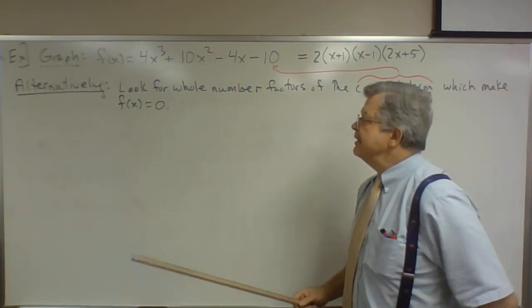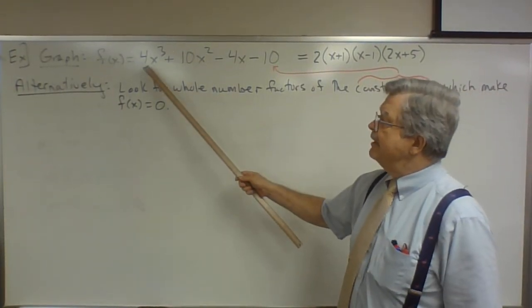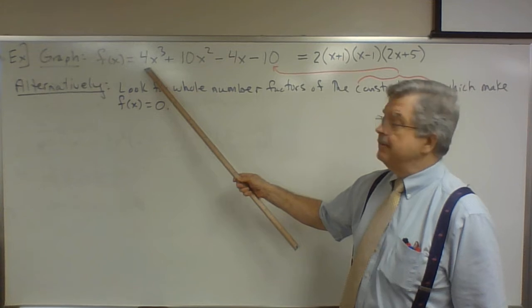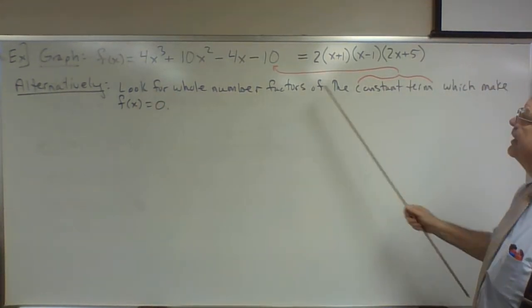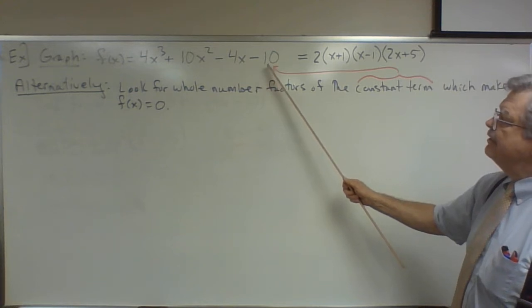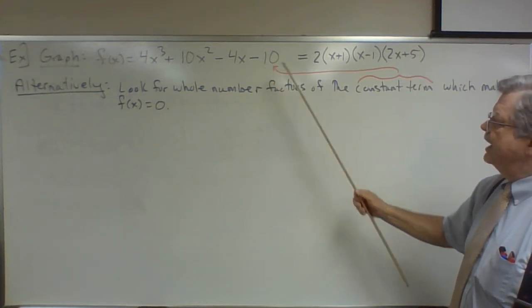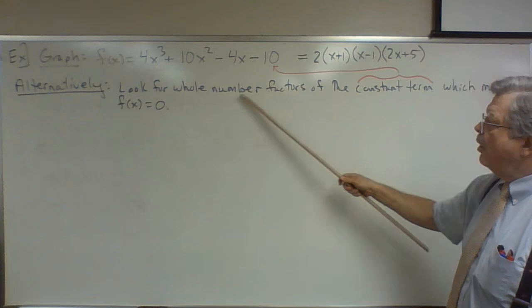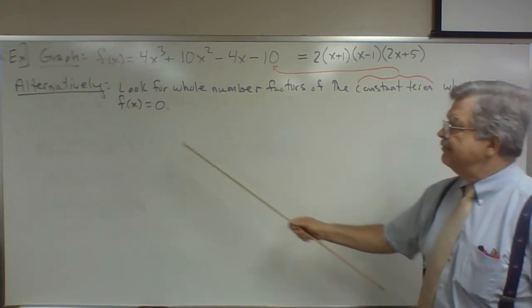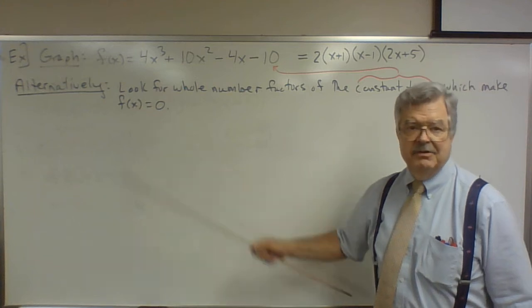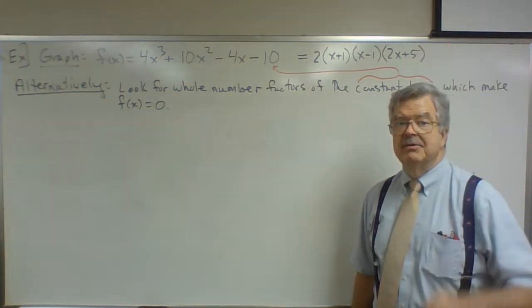Here's my alternative method. I have a polynomial that I want to factor. I'm going to look for whole number factors of the constant term. Here's the constant term, -10. I'm going to look for whole number factors of this constant term which make f of x equal to 0 when we plug in those numbers.